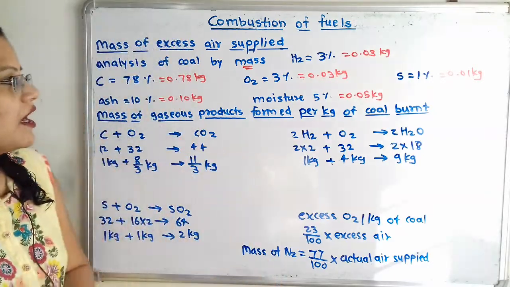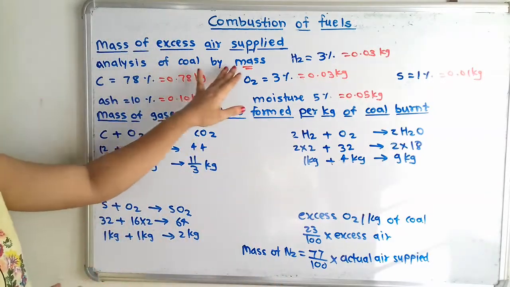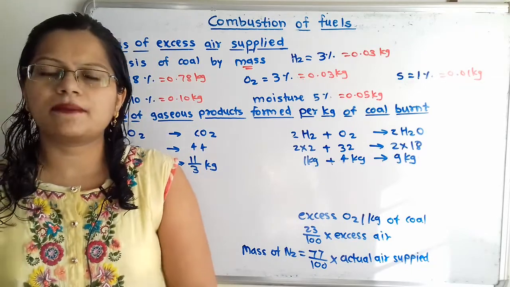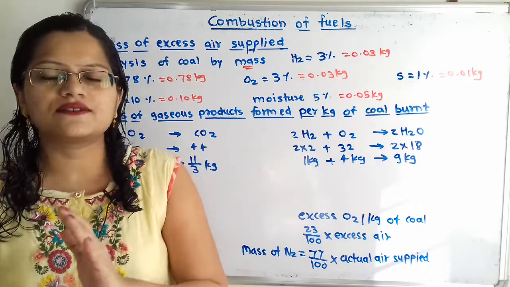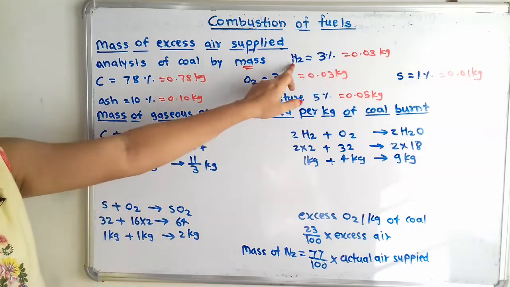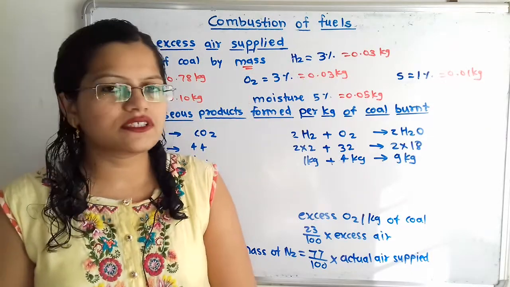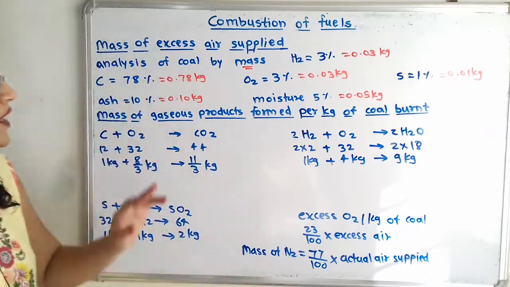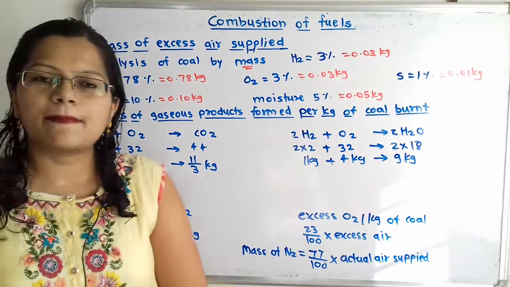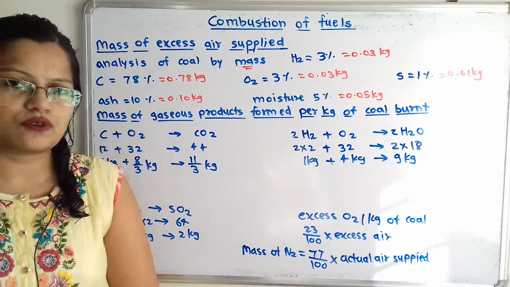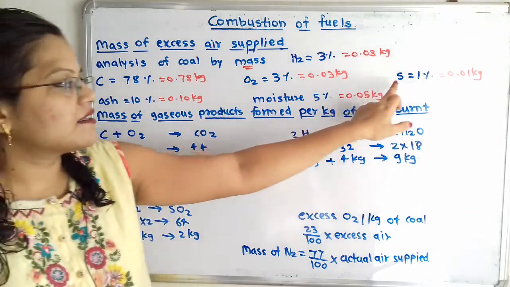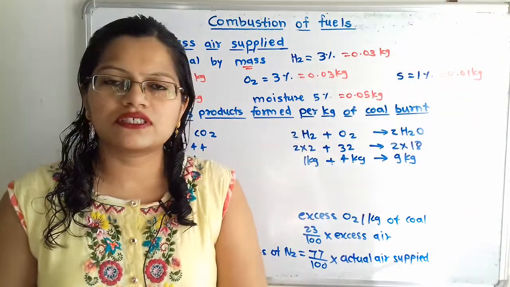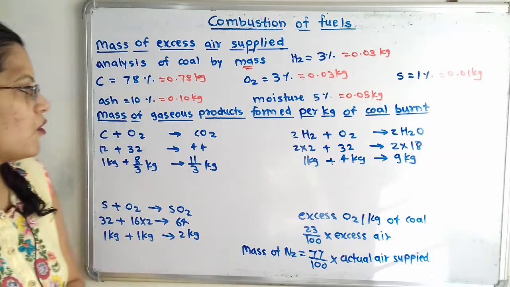Now if we observe the analysis of coal by mass, which elements combine with oxygen? Hydrogen combines with oxygen to produce H2O. Carbon combines with oxygen to produce CO2, carbon dioxide. Sulfur combines with oxygen to produce sulfur dioxide.